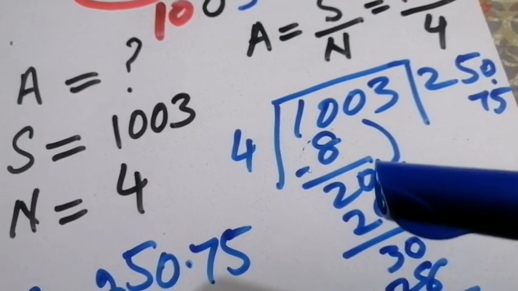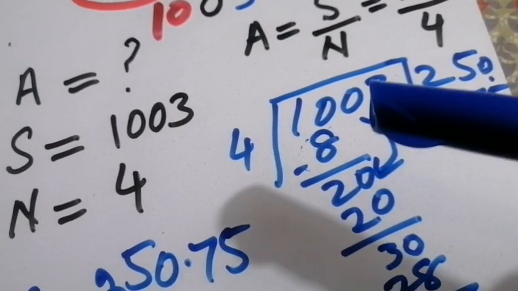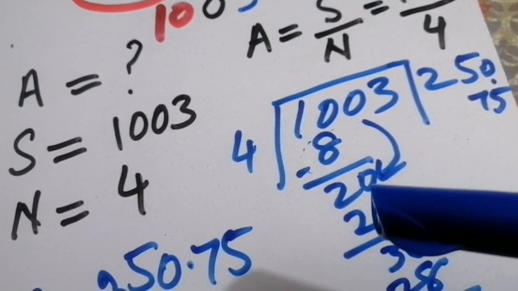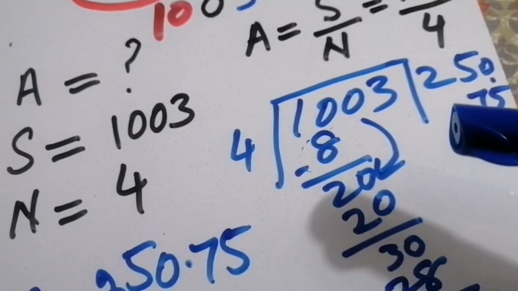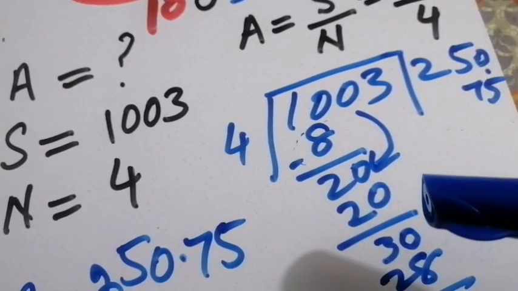2 4s are 8 and 10 minus 8 is 2. We bring 2 here, 0 here, so it becomes 20. 5 4s are 20.